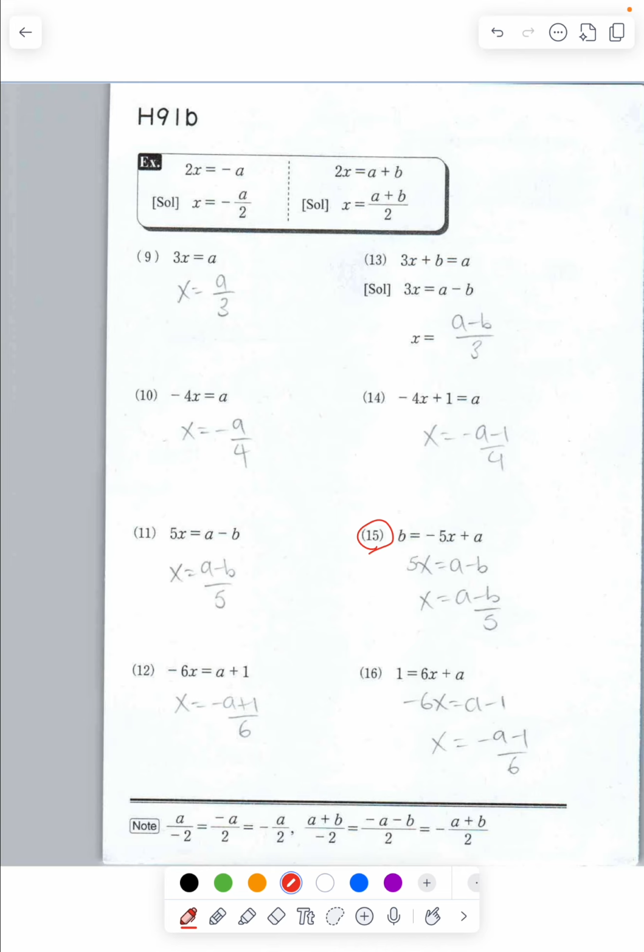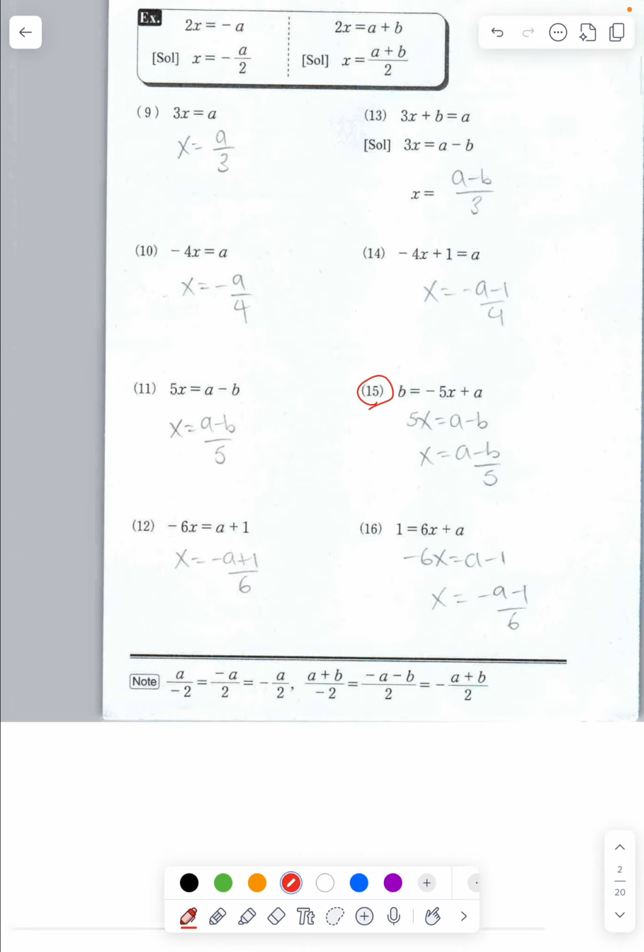That's fine. And then you divide the 5 to the right side, right? Perfect. Very nice. Do you want to try question number 16 for me as well? Question number 16. So you did negative 6x is equal to a minus 1. Good. And then you're going to divide what?